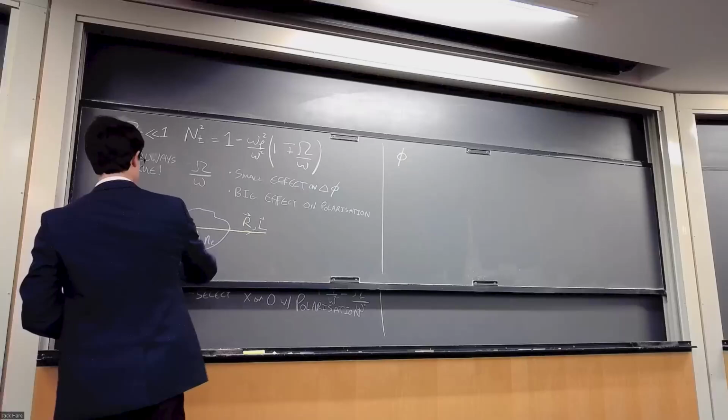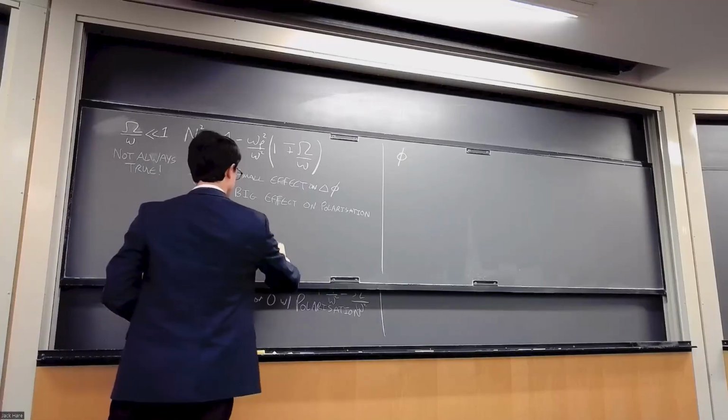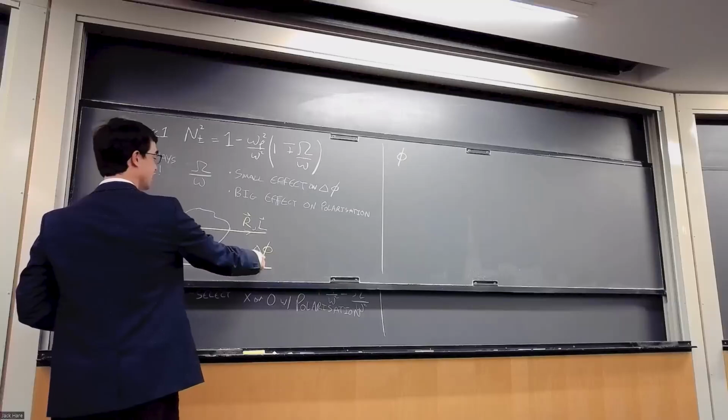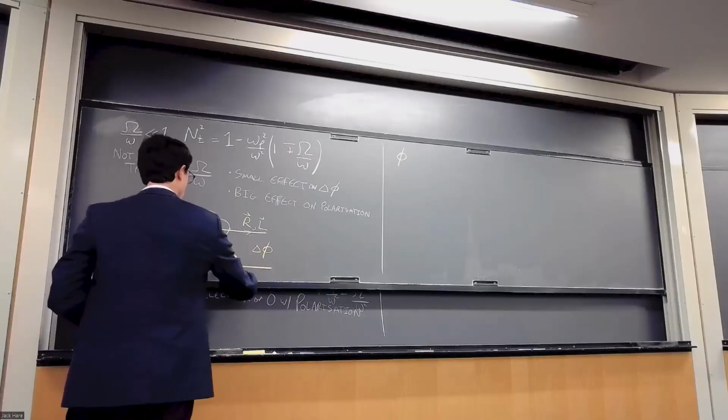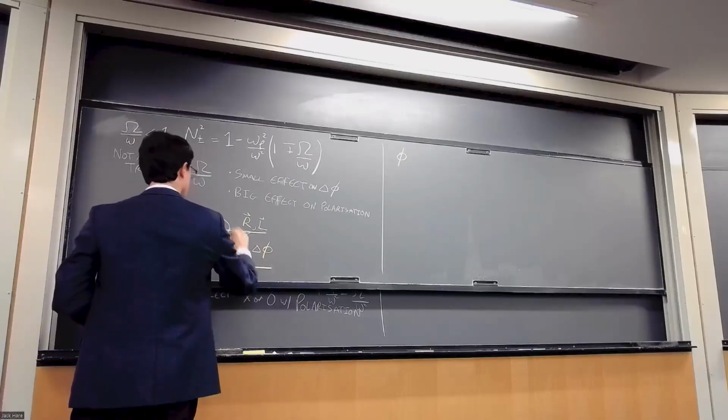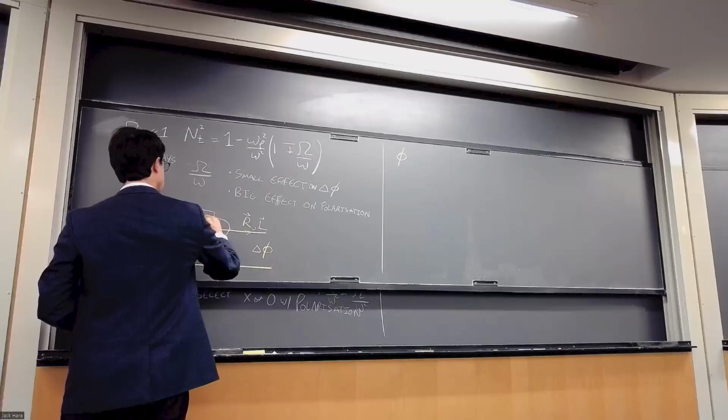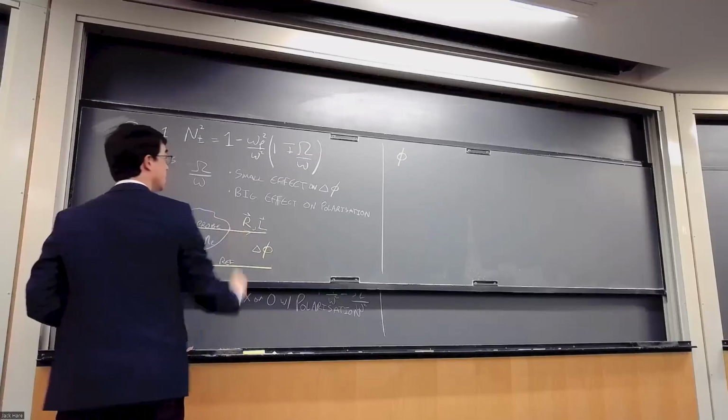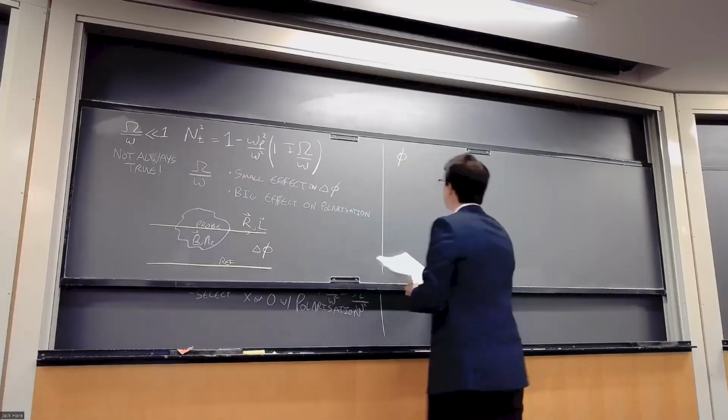And what we want to do is calculate delta phi, that is the change in phase from a reference beam that has gone around the plasma. So this is the quantity we're going to calculate here.